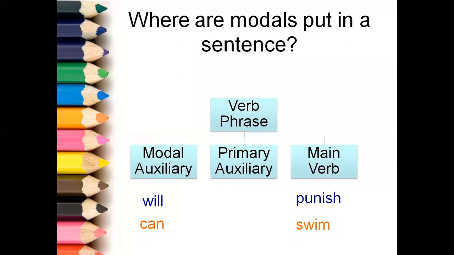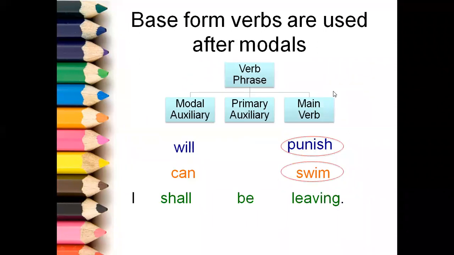I will punish. Now look at this example: will is a modal auxiliary, punish is the main verb. I can swim: can is a modal auxiliary, and swim is the main verb. Then I shall be leaving, the example I took just now: shall is a modal auxiliary, leaving is the main verb, and be is the primary auxiliary, whereas in the previous examples you don't find a primary auxiliary.